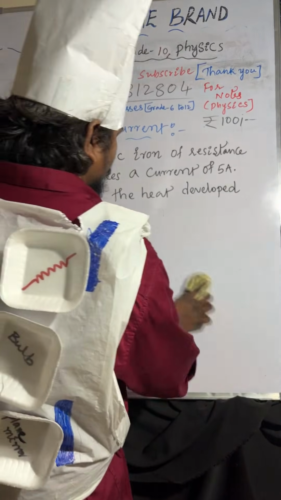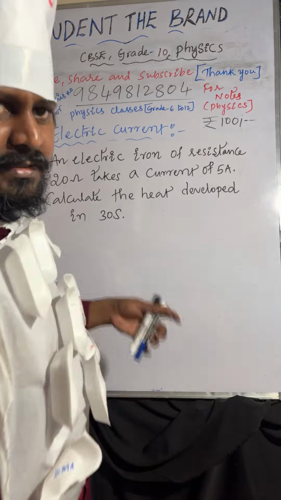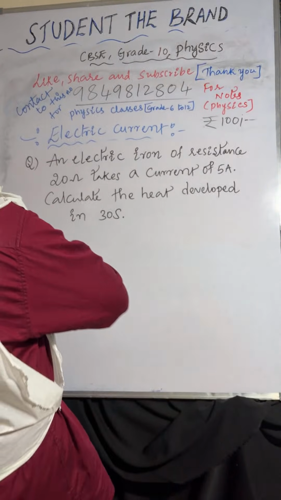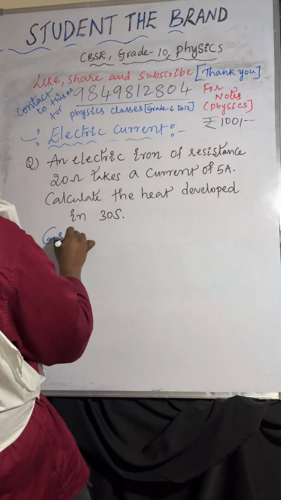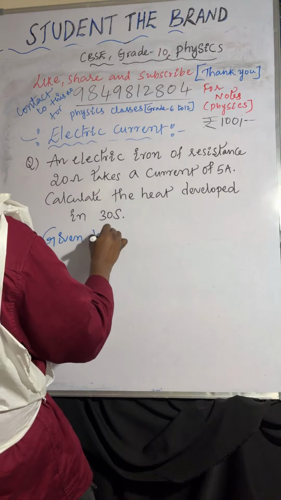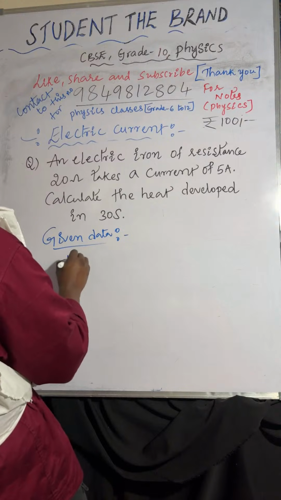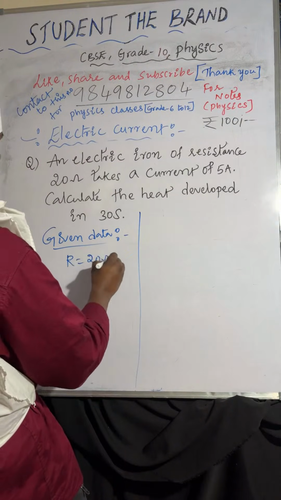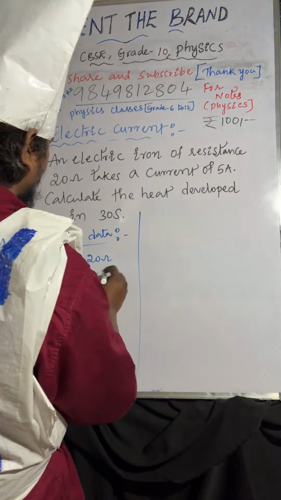So let's solve this one. Given data: what is the given data? R equal to 20 ohm, and current is given, 5 ampere.